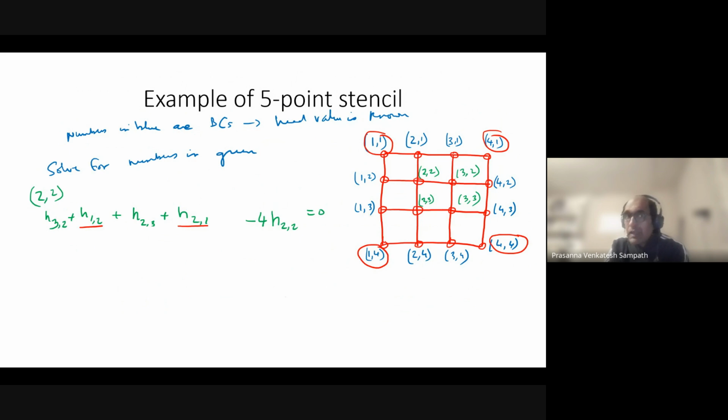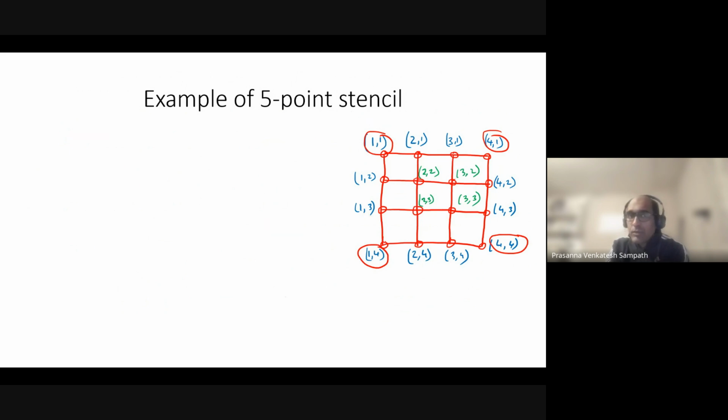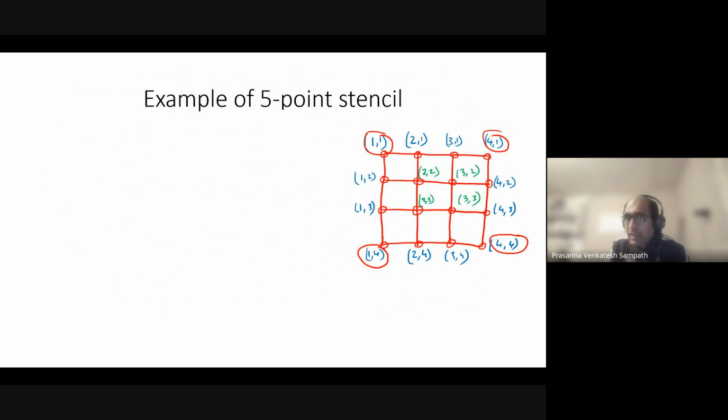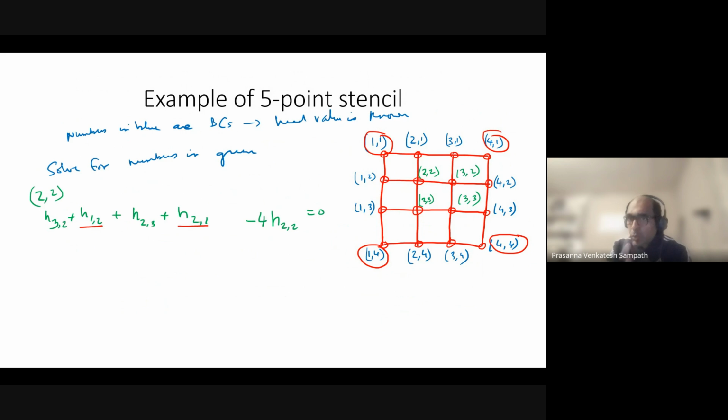What have I done? I have simply replaced, if you go back to this previous cell in this equation, I have written it for a general case i,j, right? So I have i plus 1, j plus 1, i minus 1, j minus 1, and i,j in that equation. But if I come to a specific case where I'm writing it for cell number 2,2, which means i,j is 2,2, then i plus 1, j will be 3,2, and i minus 1, j will be 1,2, the first 2 terms in that equation. i, j plus 1 will be 2,3, and i, j minus 1 will be 2,1.